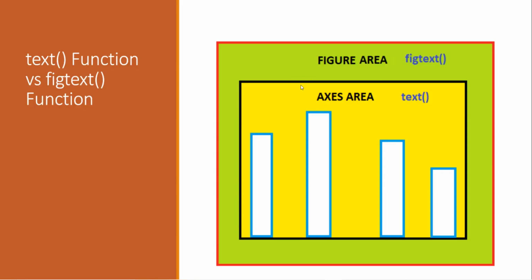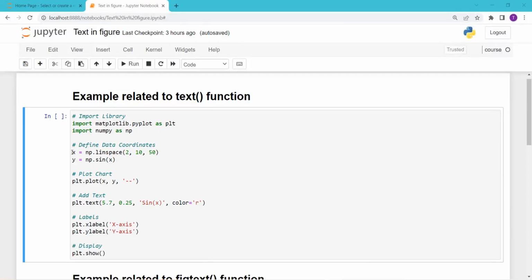Now let's see examples related to both the functions. So here is the code in which I tell you how to use the text function. Firstly, I import the Matplotlib pyplot library as plt. After that, I import the numpy library as np. Then I define data coordinates. For defining x, I use the linspace function of the numpy module, and for defining y, I use the sine function of the numpy module.